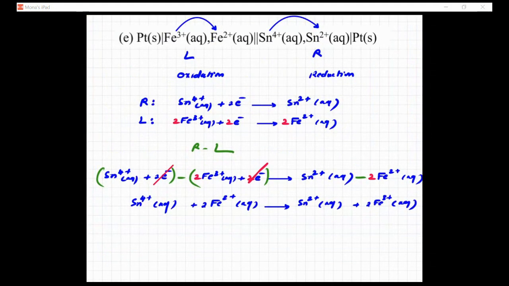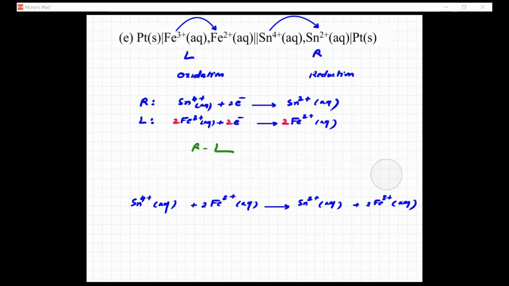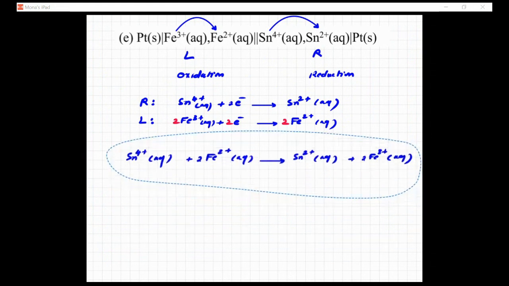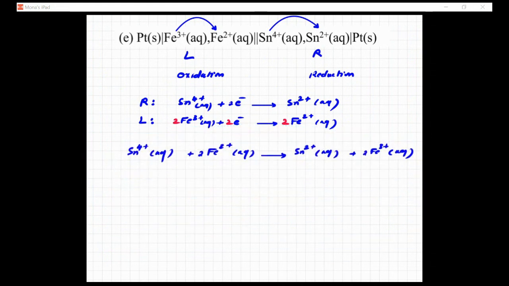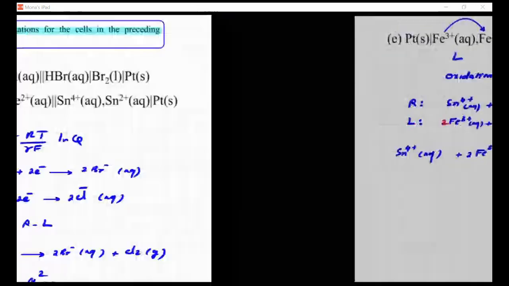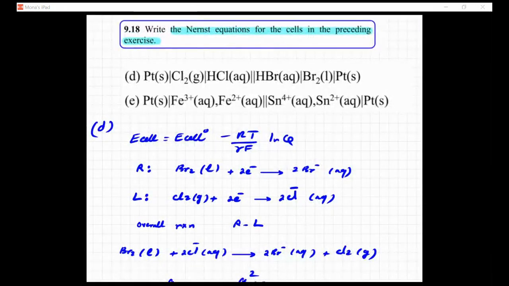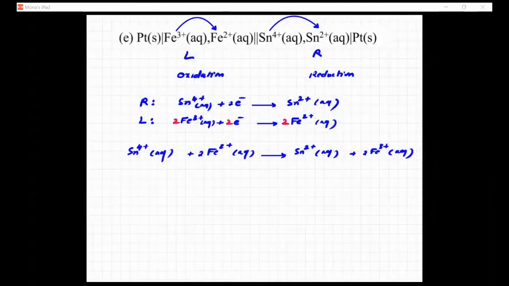What do I need? I will need to have the overall reaction. So I will leave the two reduction half reactions. Reminding you that the question is asking me to write the Nernst equation, so as a result, we have to know the overall reaction.